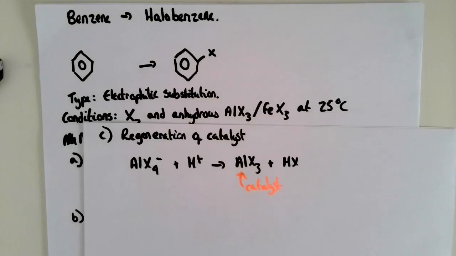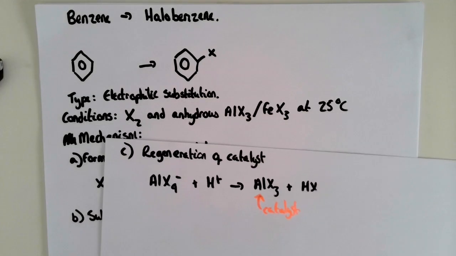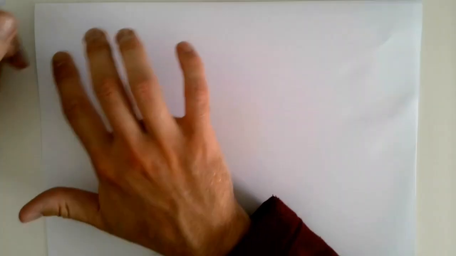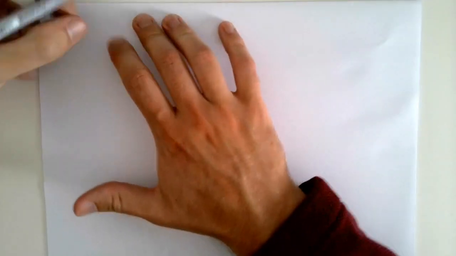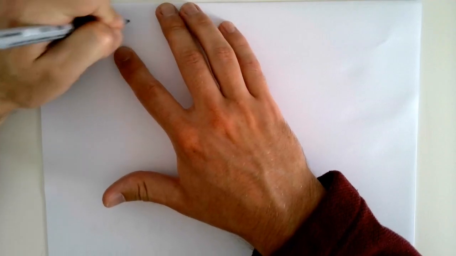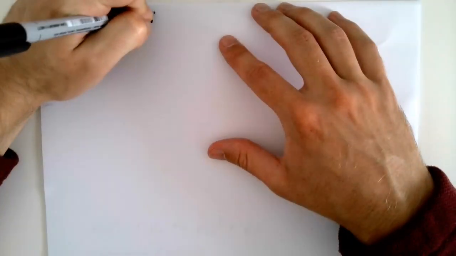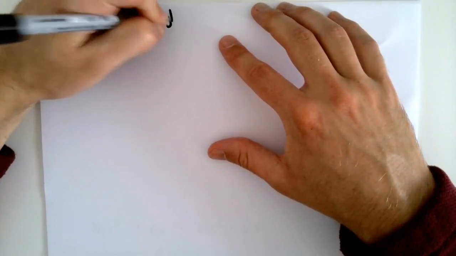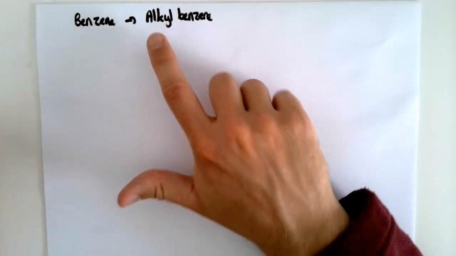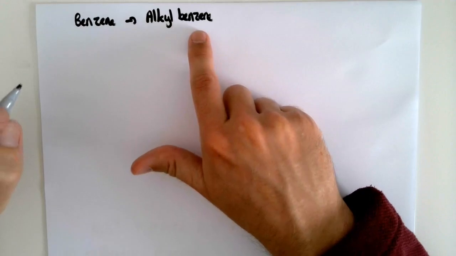We got one more which follows an almost identical pattern, but I need to make it explicit. So in the final reaction, what you have is benzene being converted into an alkyl benzene. So it might be like methyl benzene or ethyl benzene or something like that.